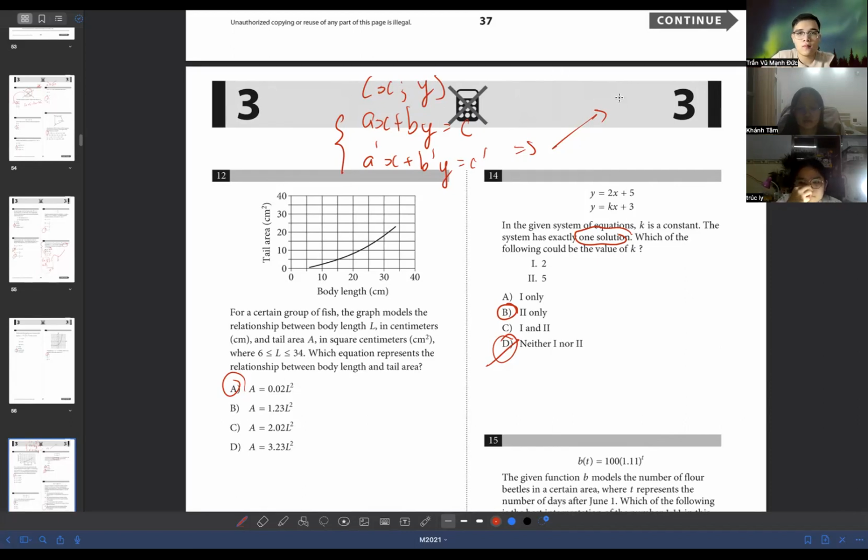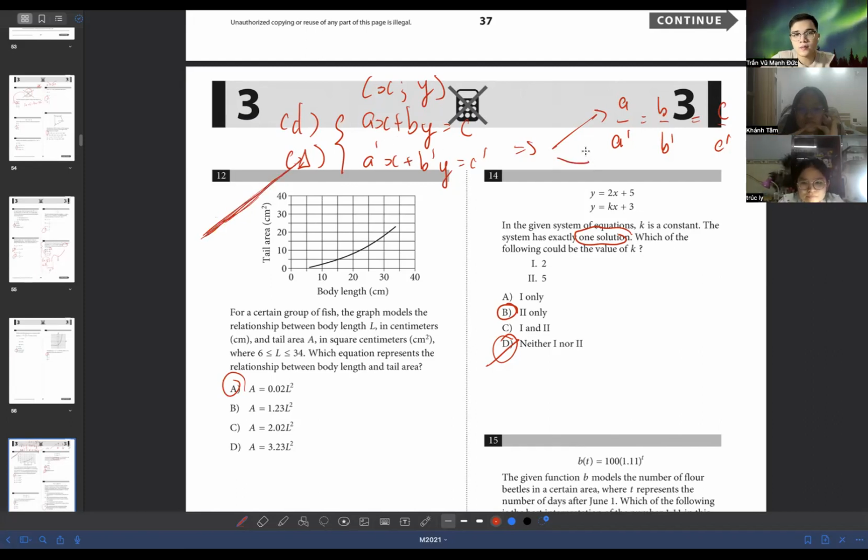Firstly, a over a' equals b over b' equals c over c'. When it happens, these two equations will have an infinite number of solutions, which means if I represent one as d and this as delta, these two lines will be on top of each other. They will share the same solutions because they are on top of each other.